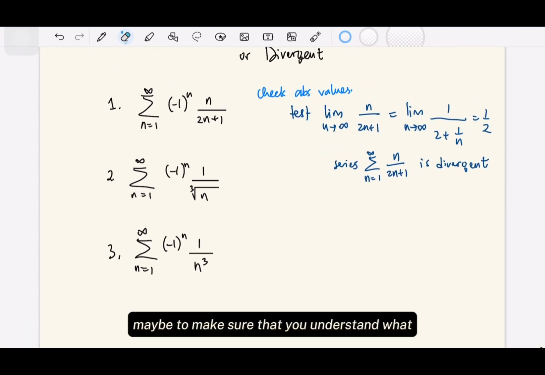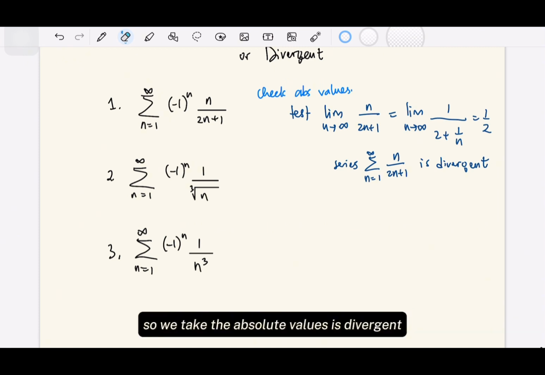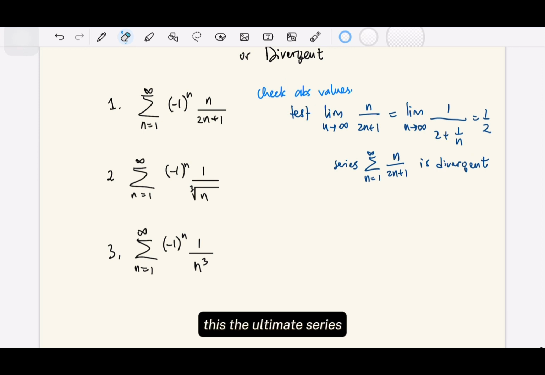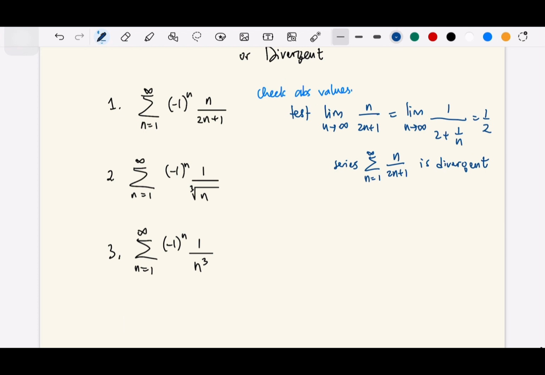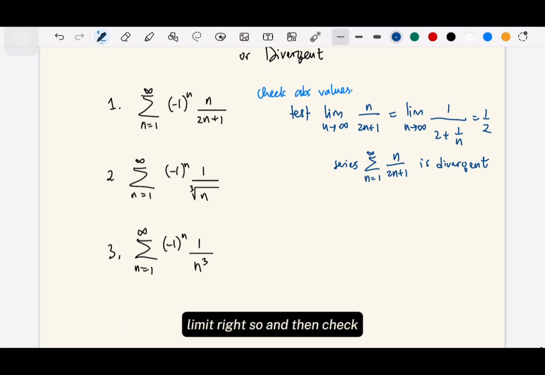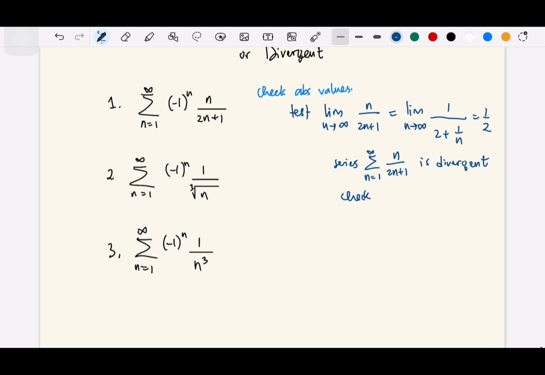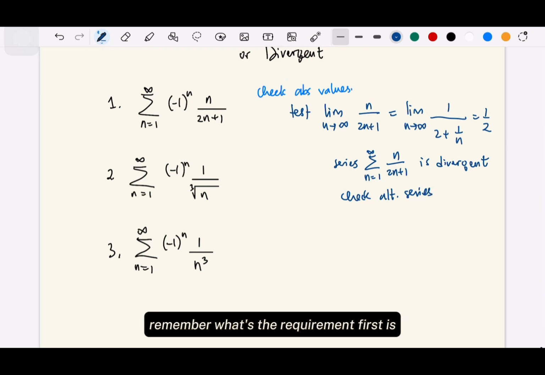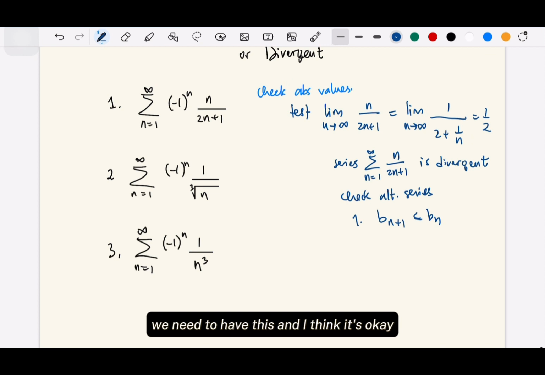Maybe to make sure that you understand the context on number 1. We take the absolute values, it's divergent, and we take the alternate series. Alternate series also uses the limit, right? Remember what's the requirement? First, we need to have this, and I think it's still okay.